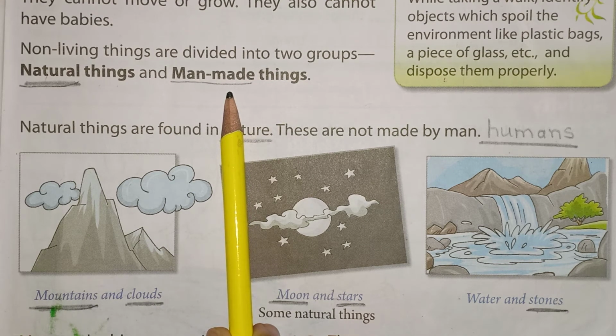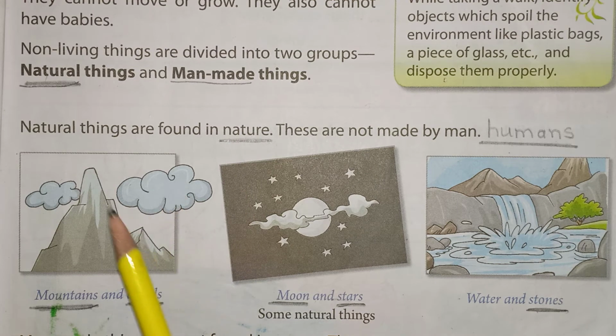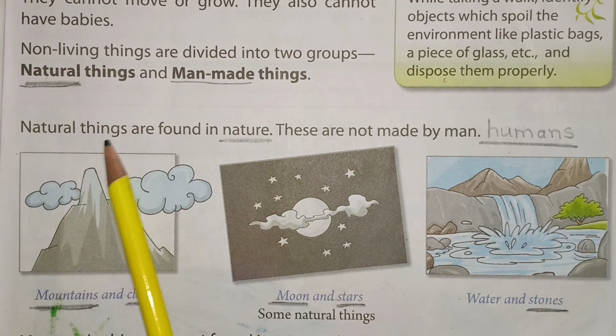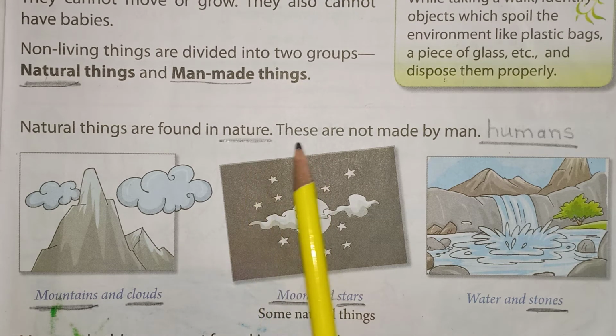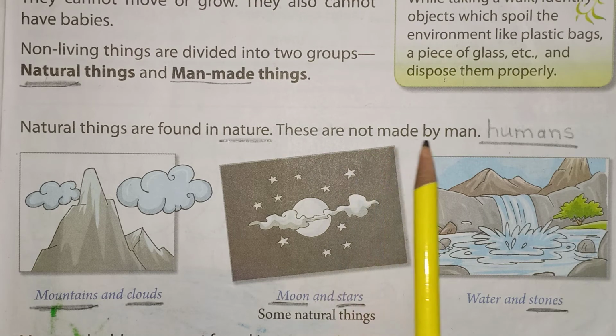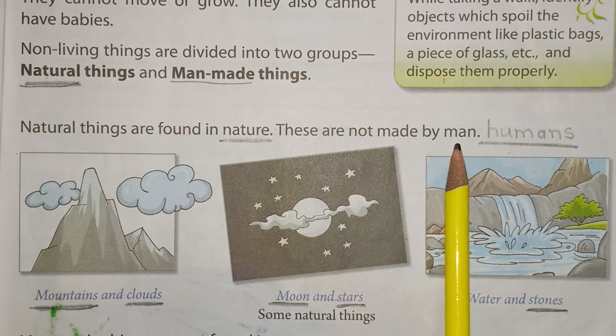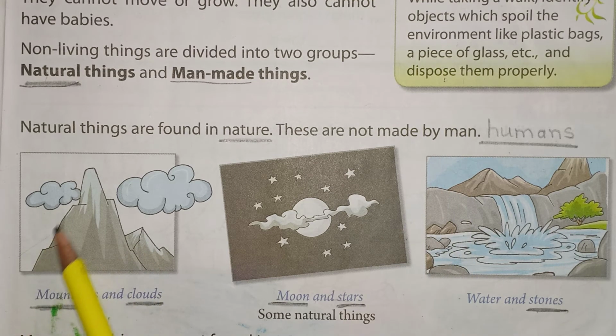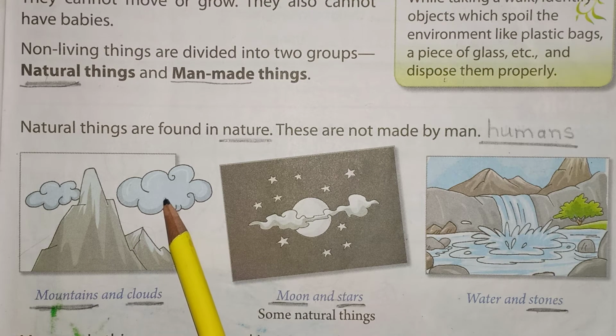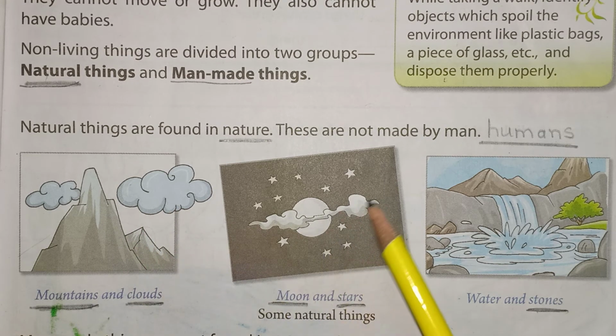Now let's see first what the natural things are. Natural things are found in nature. We don't make them. They are found in nature. These are not made by man. Which are they? Mountains. See the mountain. And clouds. We don't make clouds. We don't make mountains.